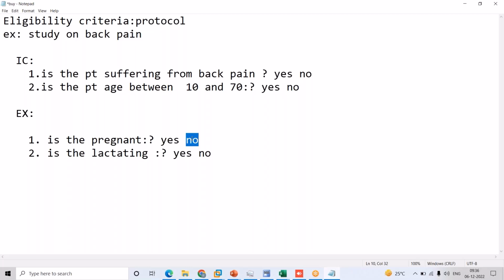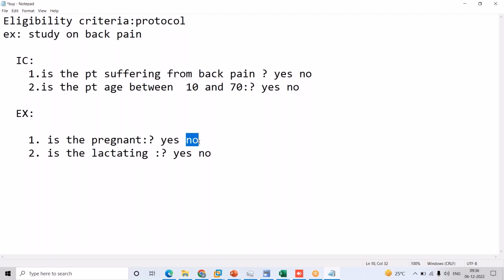So if any of the inclusion criteria is no, or any of the exclusion criteria is yes, we will not recruit the patients, but anyway, we'll have protocol waivers. In case a protocol waiver is given, we'll ignore that particular question. That we'll discuss later, protocol waivers.